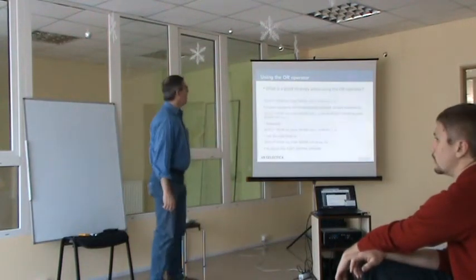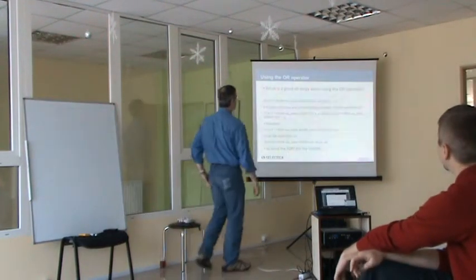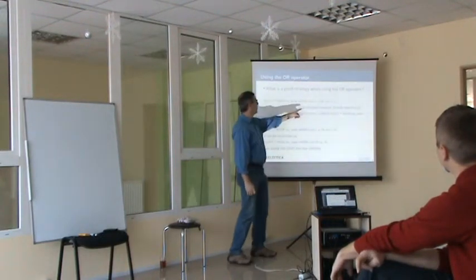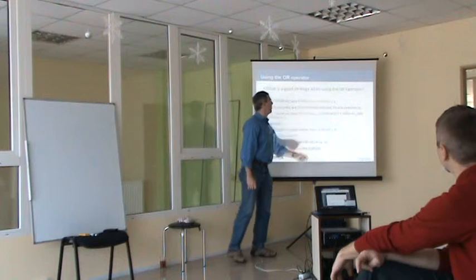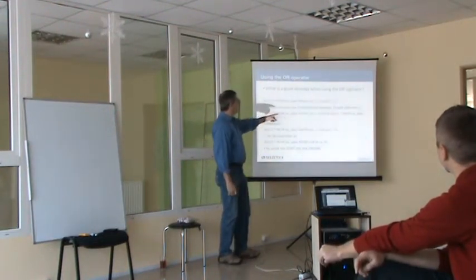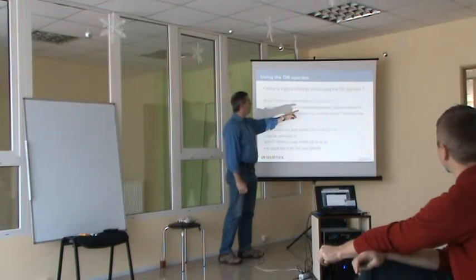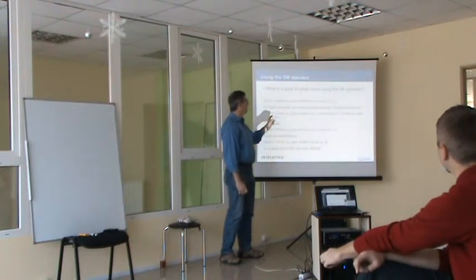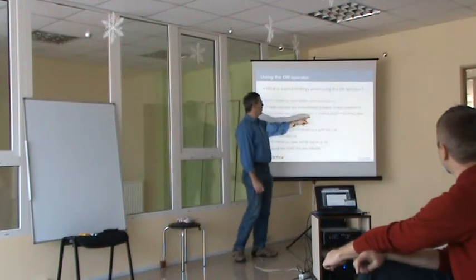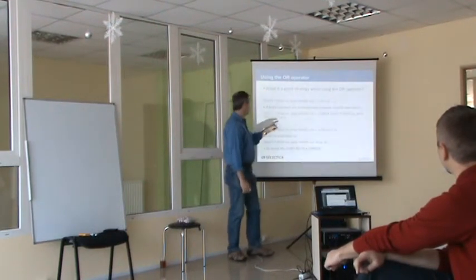So another common thing is using the OR operator. If you have an OR operator in your SQL statement, where I'm selecting from some table where column 1 is something or column 2 is something else, generally, if these columns are individually indexed, the optimizer will actually rewrite it to where column 1 is something, union, select another.